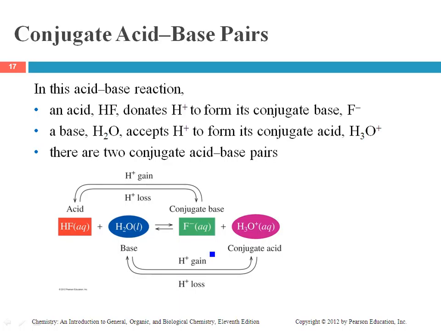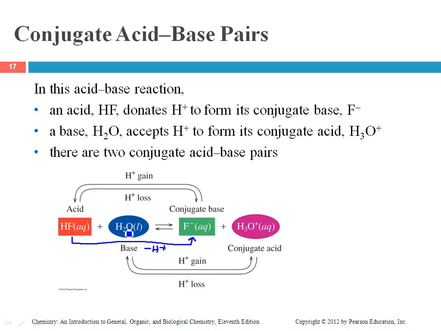Okay, this is what I've just shown in a diagram, but using actual acids and bases. If we have HF, we know this is our acid. I know it's already written here, but I'm just going to reiterate that if we lose a hydrogen ion, we're going to form the conjugate base. So acid in red and green is our conjugate base.